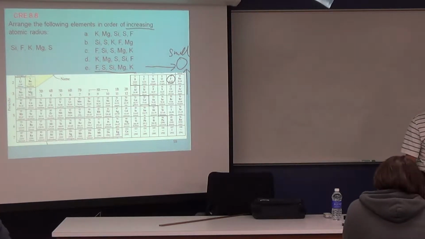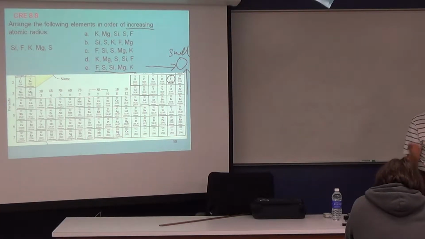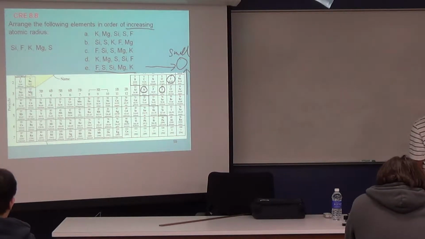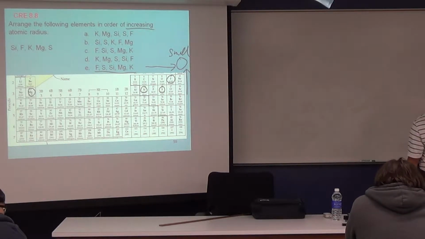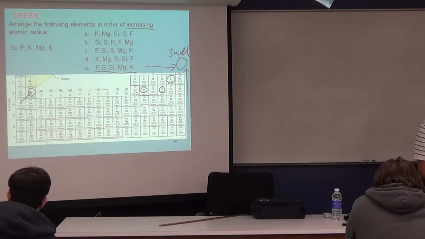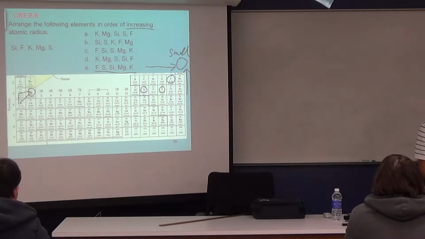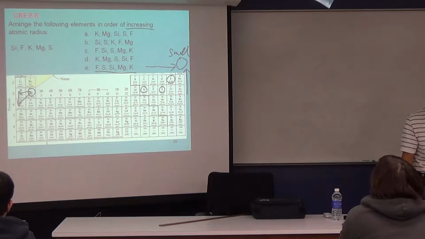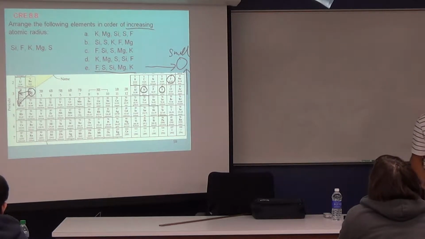That's a good starting point. Sulfur is to the left and down, so it is a little bigger. Si is even further left, so even bigger. Mg even further left, so bigger still. Potassium similarly, both directions tell you it is bigger. So you are right, I think the answer is E.